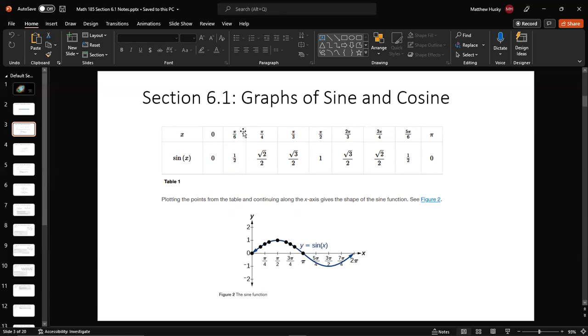For pi over 6, which is roughly 0.5-ish, that's equal to 1/2. So basically you're up halfway and you're over halfway. And then by the time you get to pi over 4, you get to root 2 over 2, which is, what is root 2 over 2?